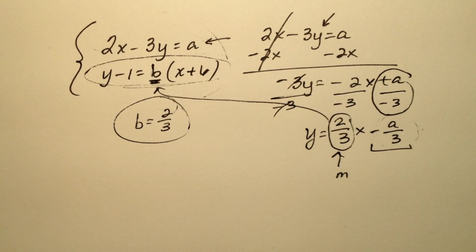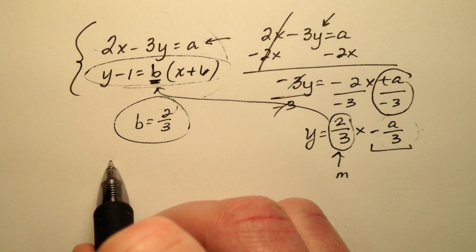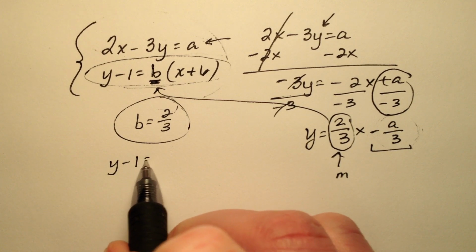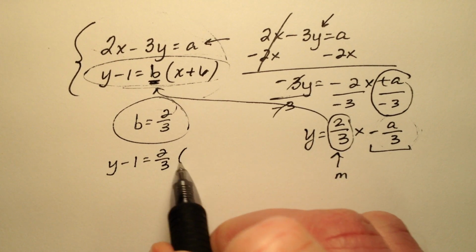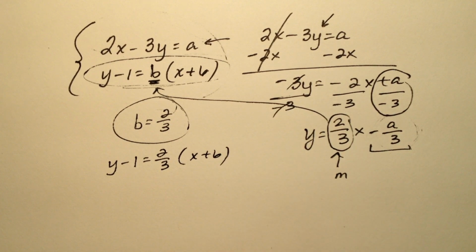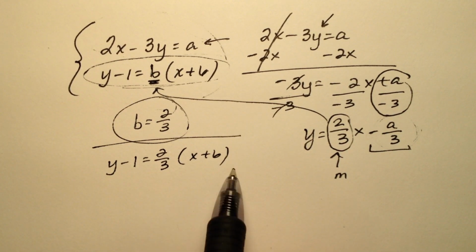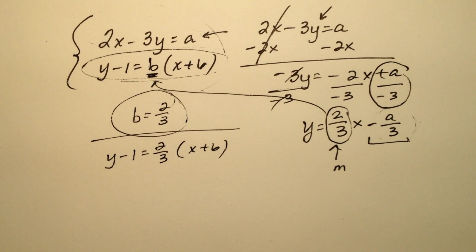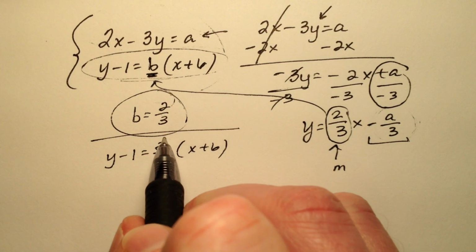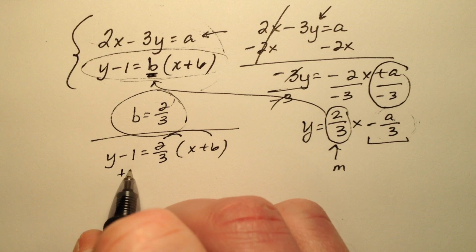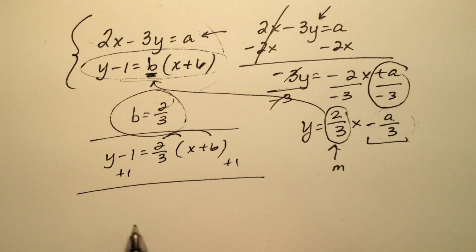Okay? So if that's the case, now my second equation looks like y minus 1 equals 2/3 x plus 6. So I could take this second equation and I could put this in y equals mx plus b form as well. So I'm going to distribute that 2/3 and then add 1 to both sides.